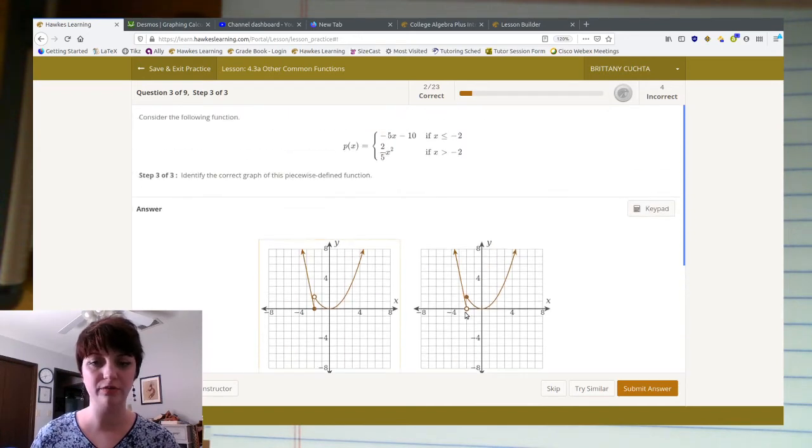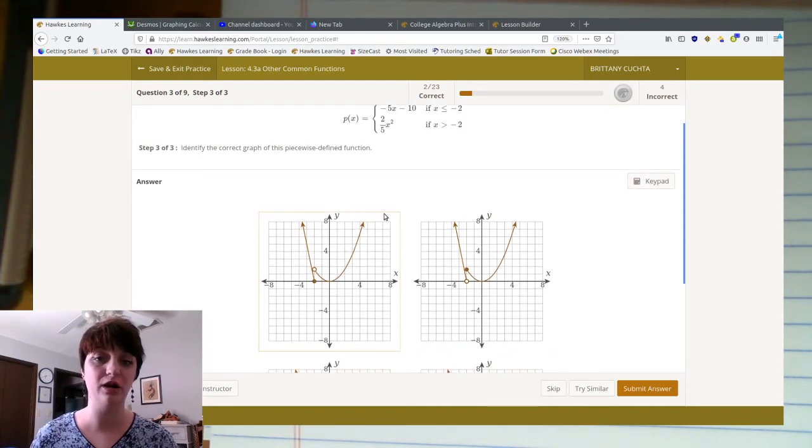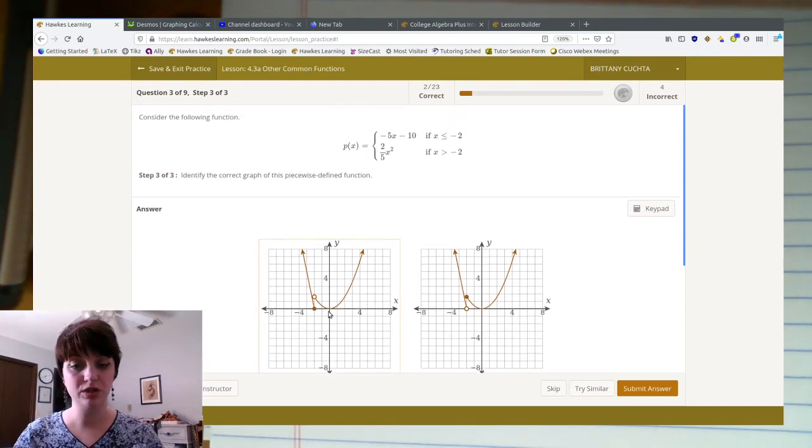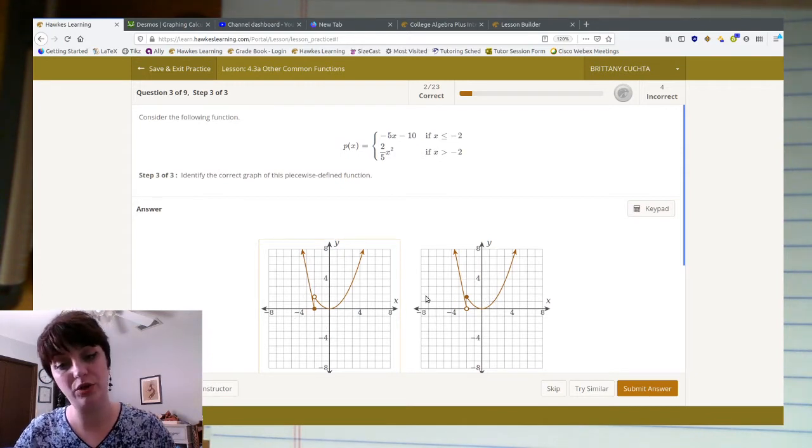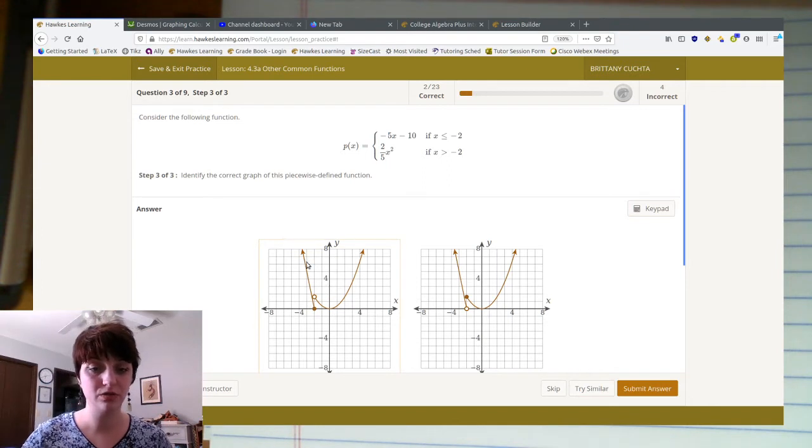And 1 and 2 very obviously have that parabola opening up. So it's got to be one of these. The only thing that's different between these 2 are these circles, right? One of them's open and one of them's closed on the different regions. This first one is closed on the first region and open on the second region. And the other one is open on the first region, closed on the second.